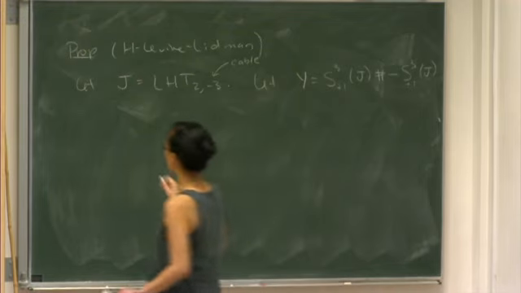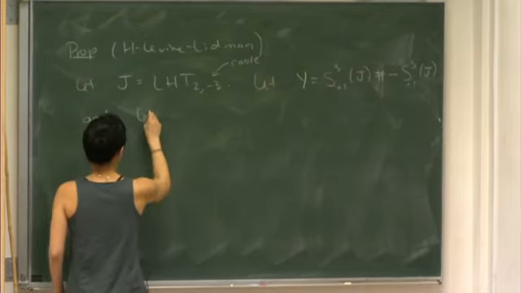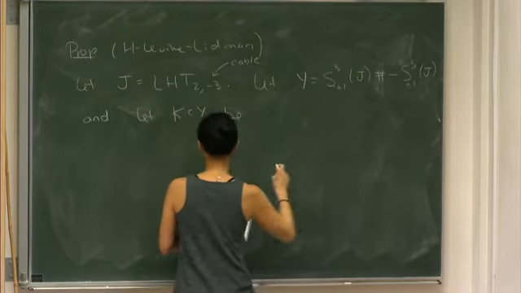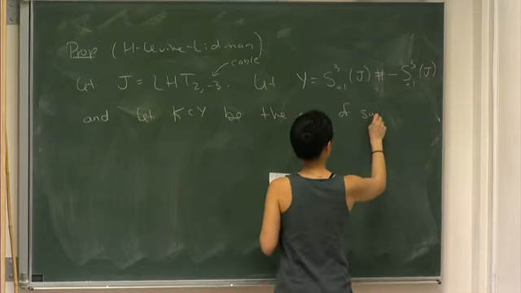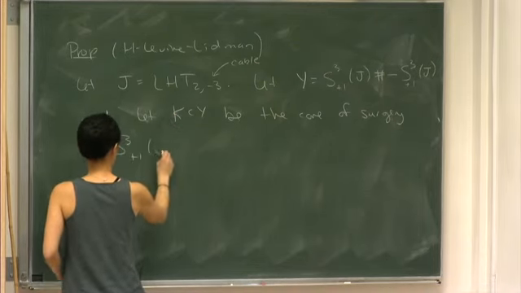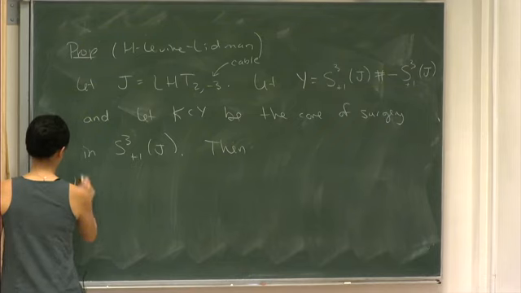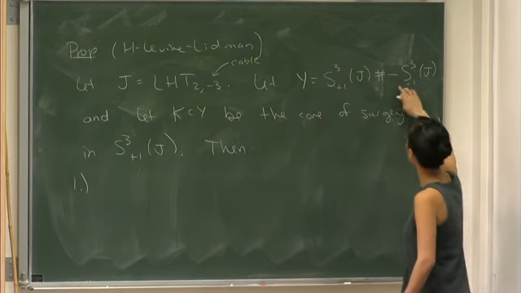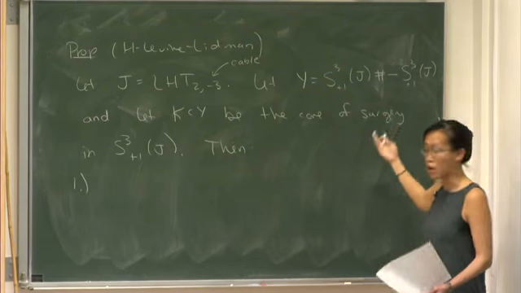Great, so that's what Y is, and now let me tell you a knot K in Y. Let K be the core of the first surgery. The first thing is obvious but worth pointing out: we connect sum with minus +1 surgery along J so that this manifold bounds a homology ball.